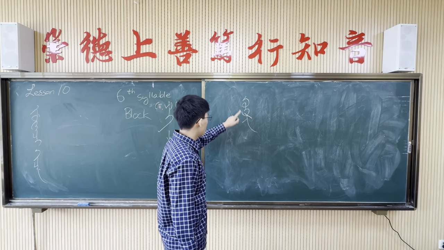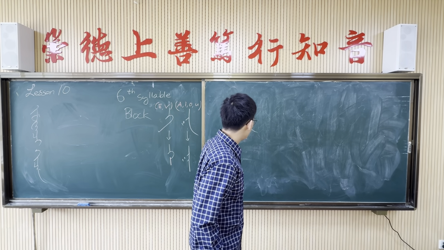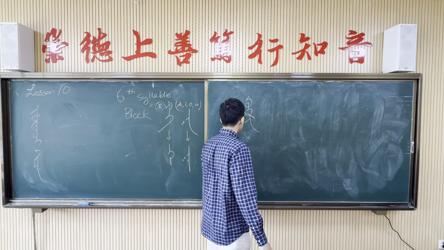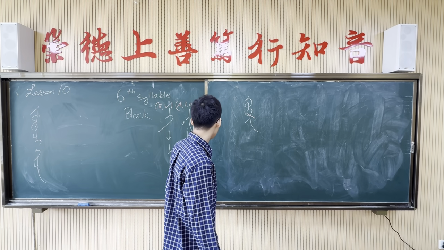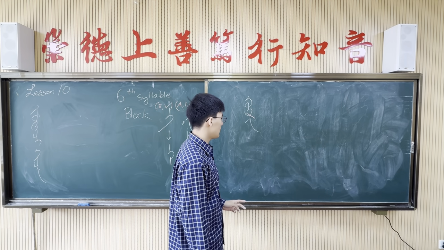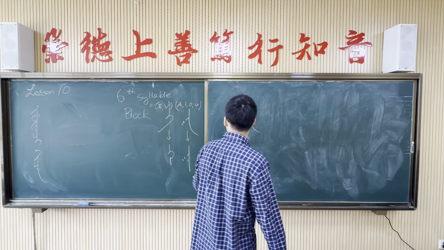Top is kuk, bottom is jin. Now when you write the homework, you wanna pay close attention to which words are special words and which words follow this rule.